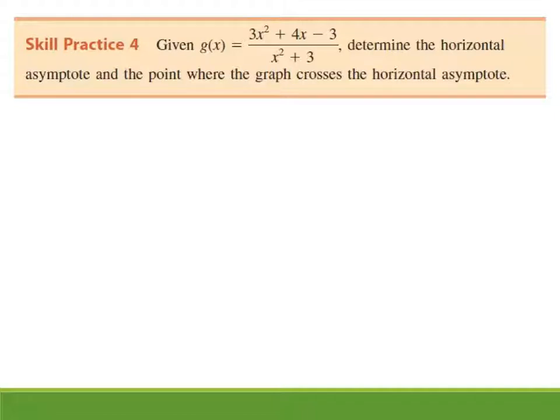So the horizontal asymptote is going to be at g of x is equal to 3, right? We can see that because both the numerator and denominator have the same degree. So we just divide the coefficients of the highest degree, and when we do that, we get 3.